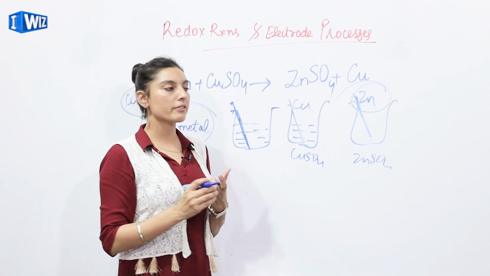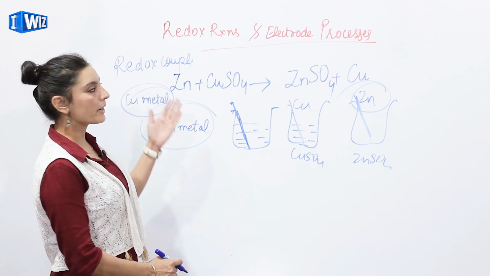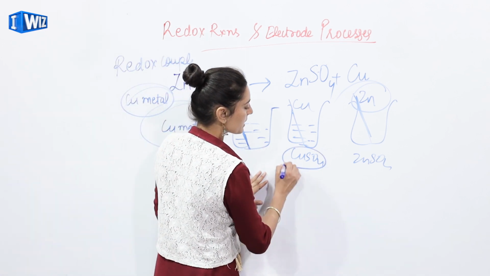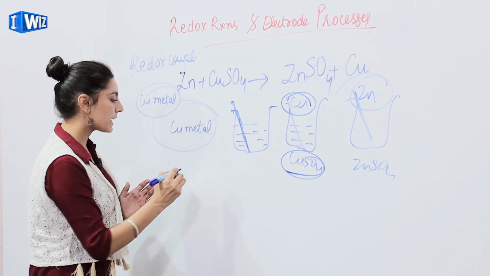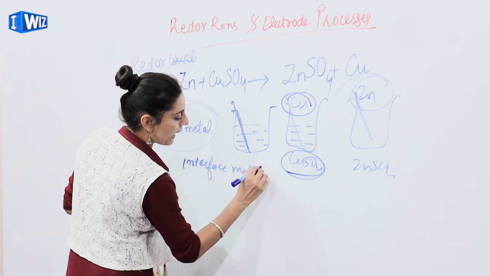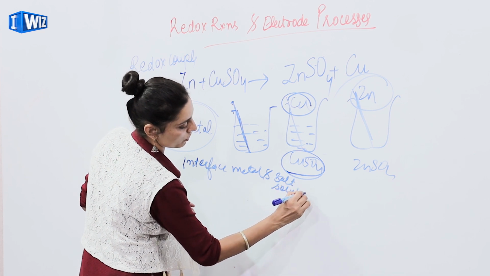They will form a kind of couple which is said to be a redox couple. There leads to the formation of the redox couple. What is a redox couple? Here I have the copper sulfate solution and this is the copper metal. Now the reaction is taking place at the interface of the metal and the salt solution, which is the copper sulfate solution over here.